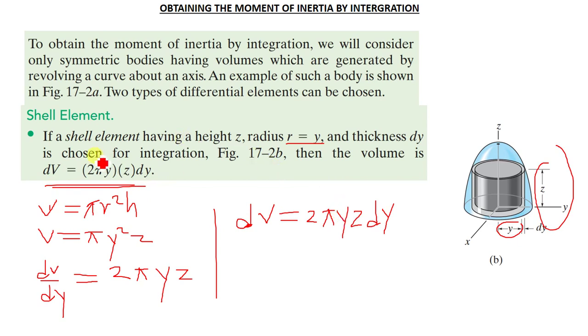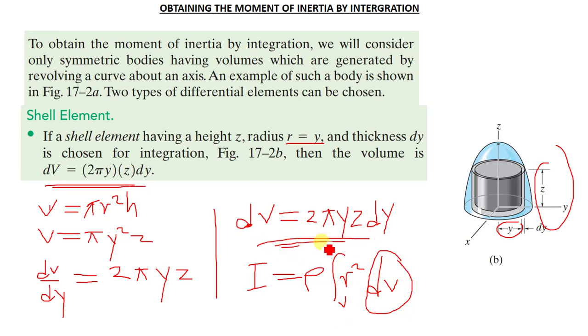So they are saying if you choose a shell to find the moment of inertia, in the formula I is equal to rho r squared dv. While there is dv here, you simply replace it and then integrate.